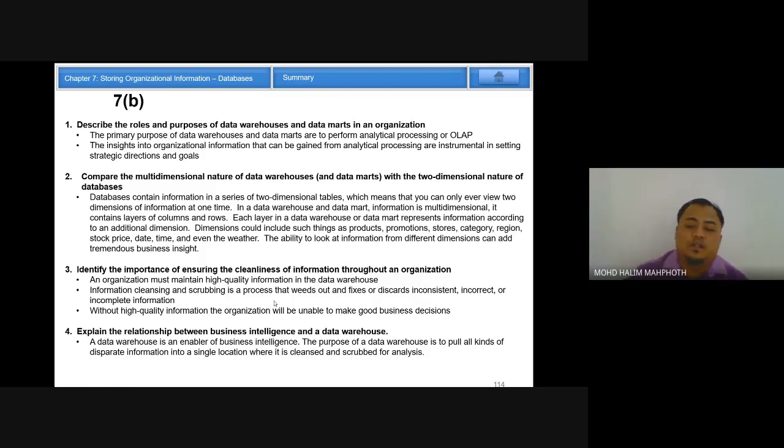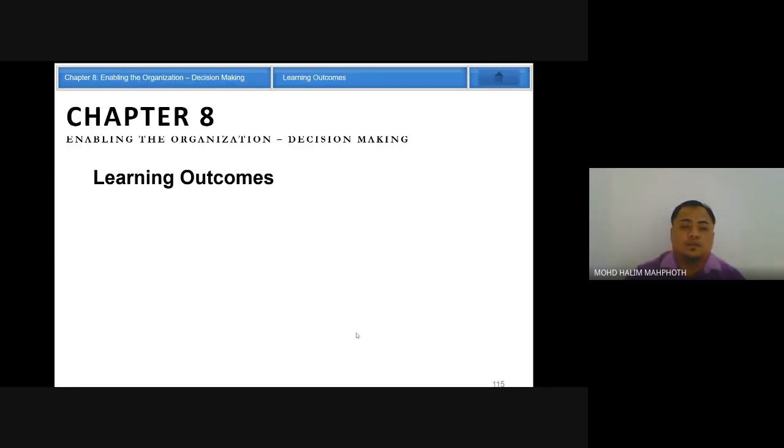The purpose of a data warehouse is to pull all kinds of disparate information into a single location, or more toward meaningful information, which we want to extract into a single location where it is cleansed and scrubbed for analysis.